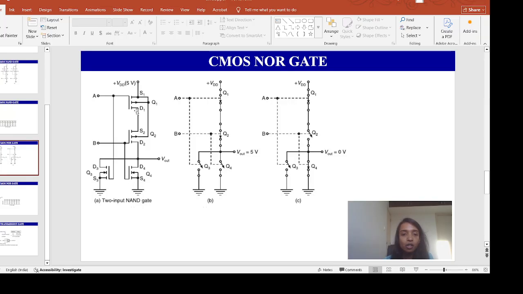So these Q1 and Q4 both will be on and Q2 and Q3 both will be off. Okay, and this equivalent circuit is shown in this figure C. Okay, so in this condition output will be 0 volt.